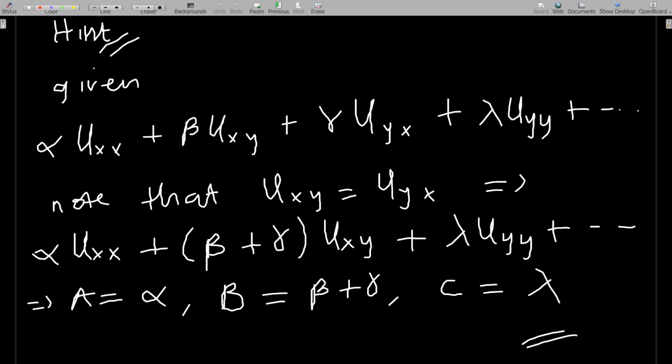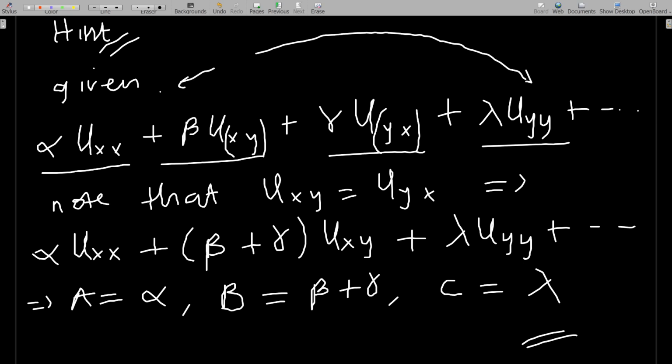Hints: when you are given alpha u_xx plus beta u_xy plus gamma u_yx, so realize here and here are different. Then plus lambda u_yy plus the rest. All we need is from this term up to the u_yy.